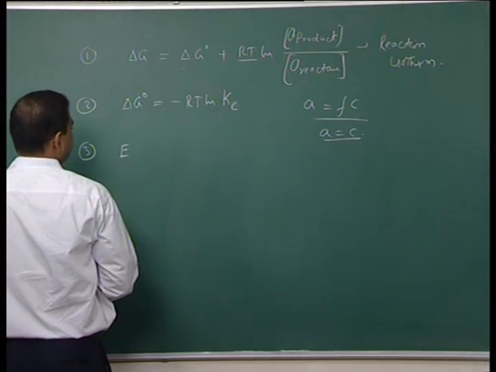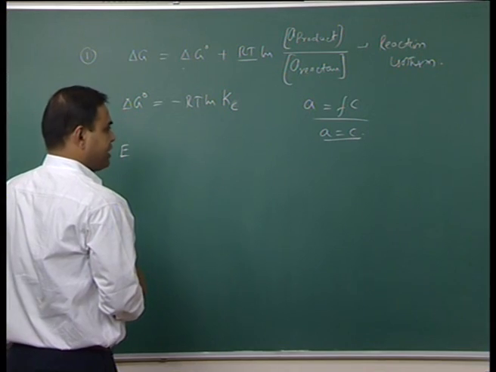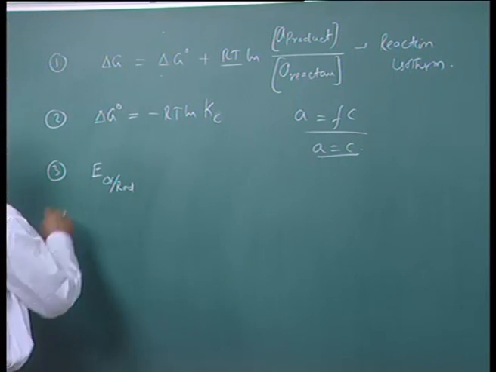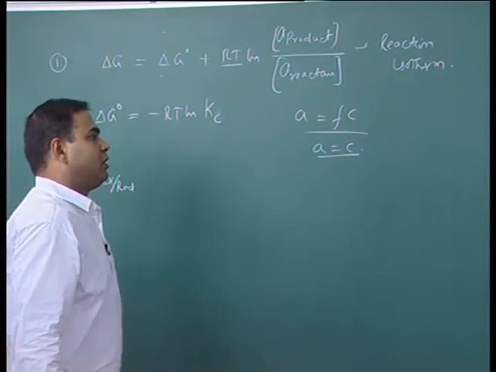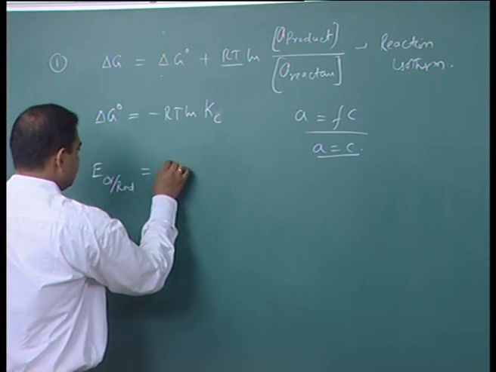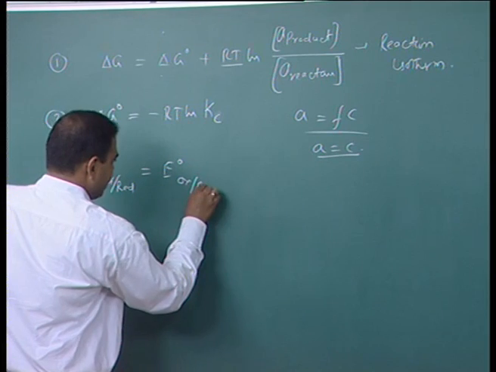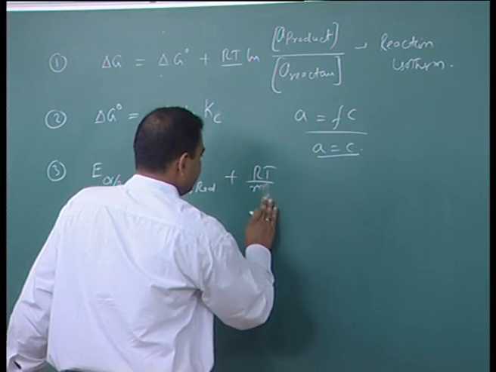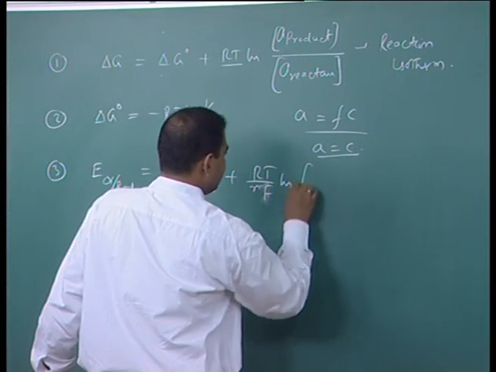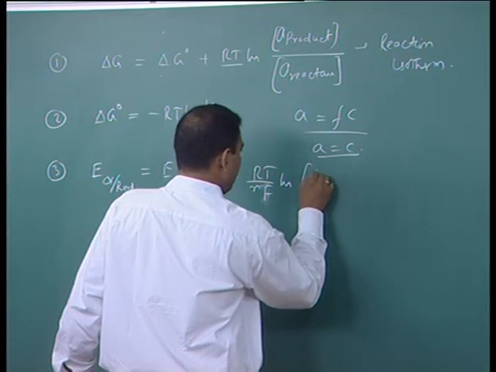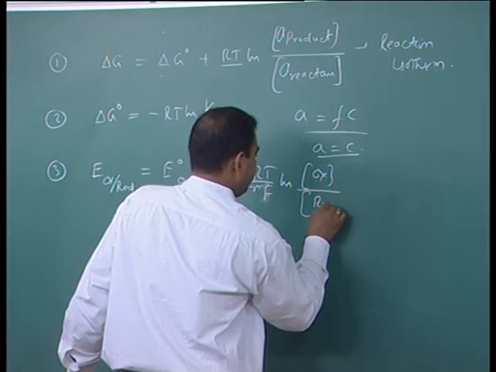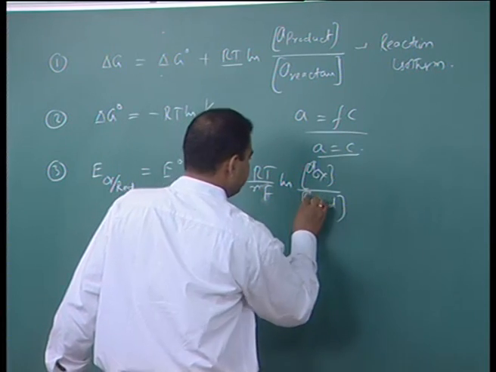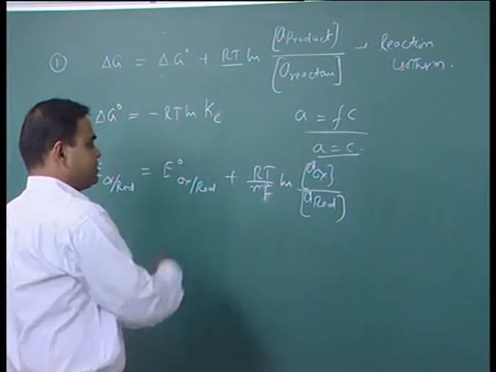E equals, and we have also considered the reduction potential, ox divided by red, that means oxidant goes to reductant, the reduction process: E0 ox/red plus RT/nF ln of concentration of ox over concentration of red, or you can also put it in terms of activity of ox over activity of red, depending on the situation.